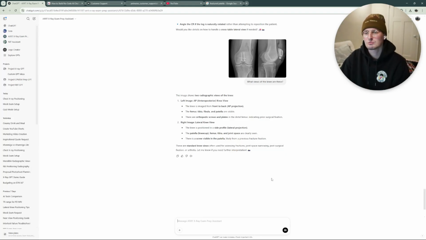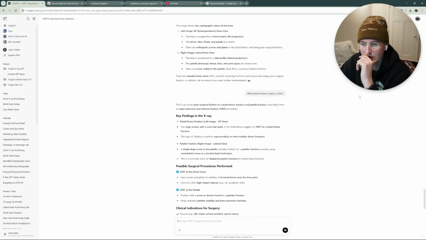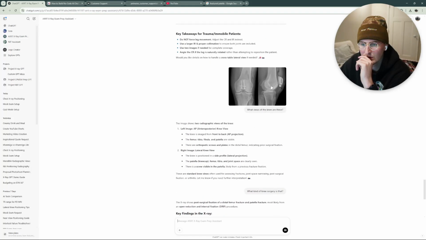Okay, let me ask, what kind of surgery did they go through? Large screws with a crossbar plate for a distal femur. I don't think that it knows this is on the patella.